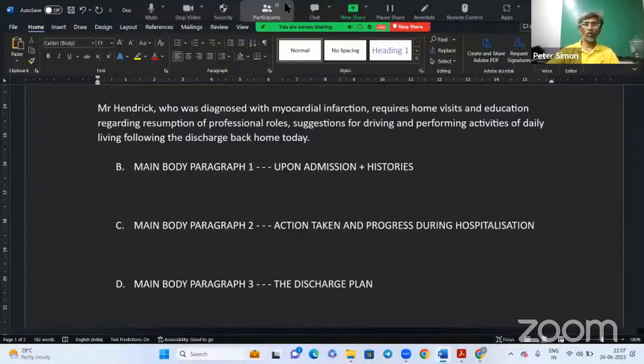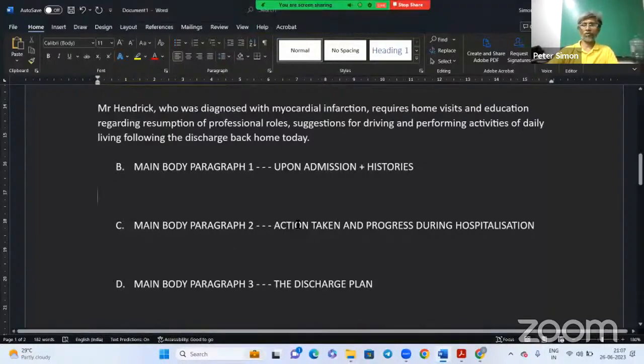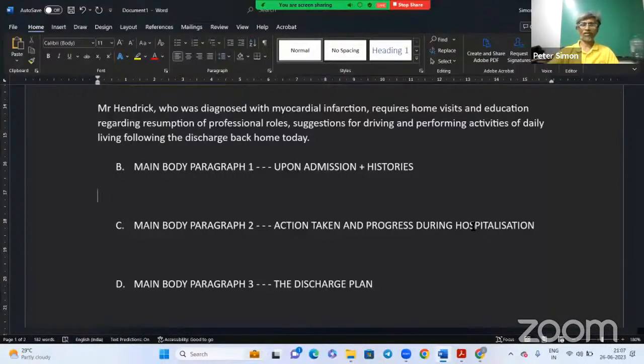So main body paragraph 1 upon admission, histories, main body paragraph action taken. In some letters we can use admission and hospitalization together, and then you can take histories. Depends on letter to letter.